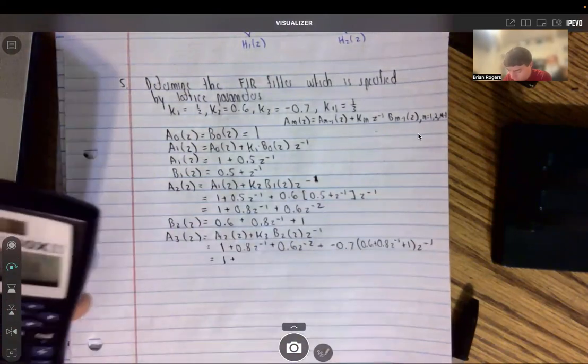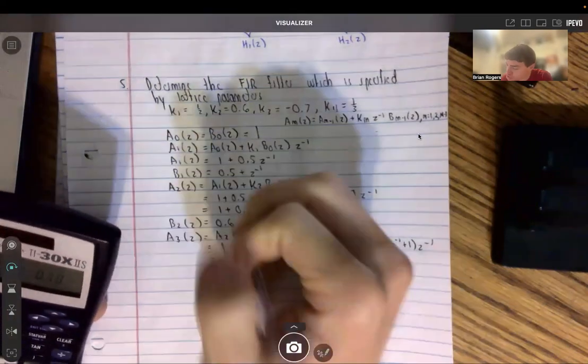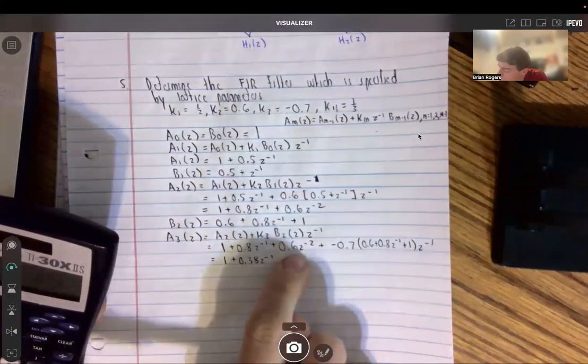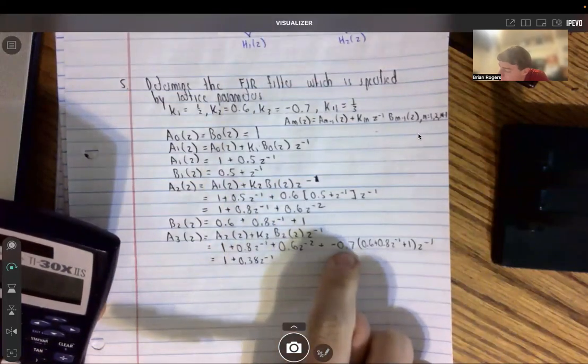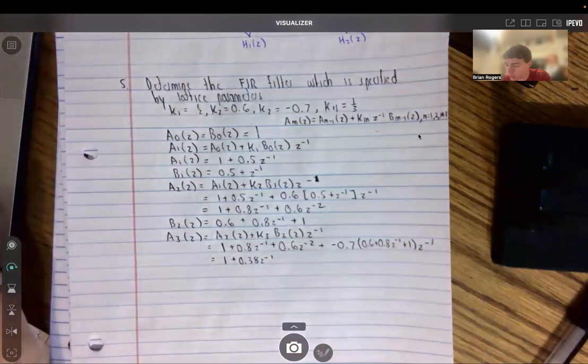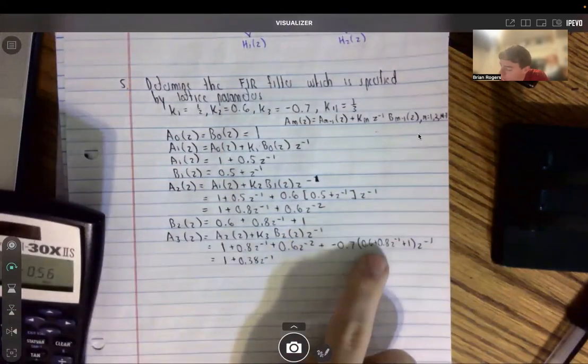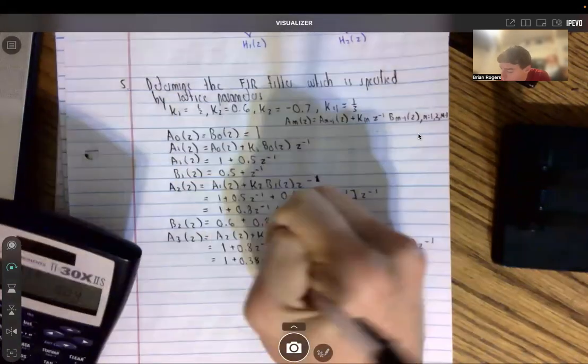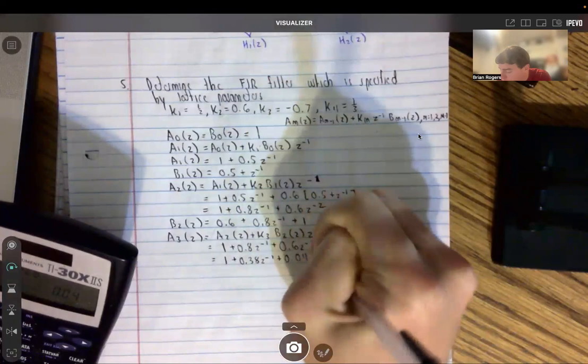You're going to get 0.38 z negative 1. Here, 0.6 is going to be added to negative 0.7 times 0.8. You'll get negative 0.56 plus 0.6. You'll get plus 0.04 z to negative 2.